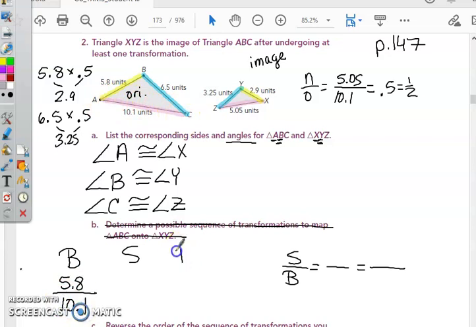I could also write this as, and this is how you're going to see it, yellow is 5.8, which is AB. And you can put this little line segment over it. I don't remember if you see it that way, but officially it is a line segment. That's how we write it. And then the pink, which is 10.1, is AC.